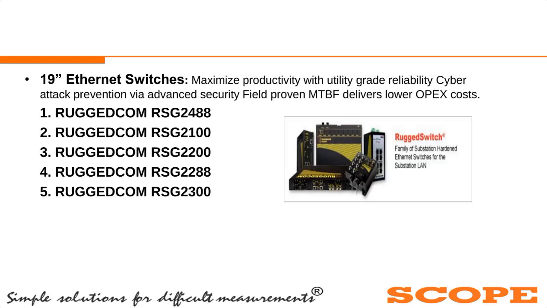If a single power supply is required or dual power supply is required, and if dual, what range of power supply is required, like 24 volt DC, 48 volt DC, or a universal AC and DC power supply. Then the port configuration: whether you require the Ethernet ports on front or back, the power connector on front or back, and the indication LEDs on front or back. Conformal coating, if you require it, you can select there.